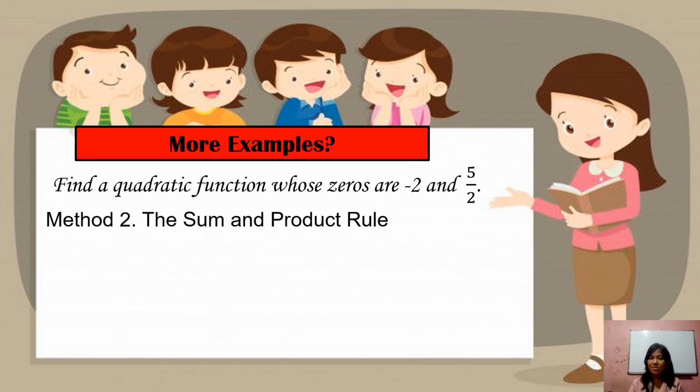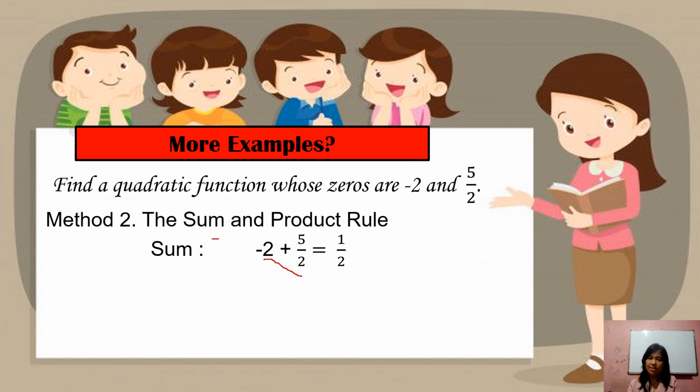Paano naman kung sum and product rule tayo? So, i-add mo lang siya. Dapat magaling ka sa adding fraction. So, yung sum ng negative 2 tsaka 5 over 2 is 1/2. Saan galing yan? 2 times 2, cross multiply lang ako. So, 2 times negative 2 is negative 4.